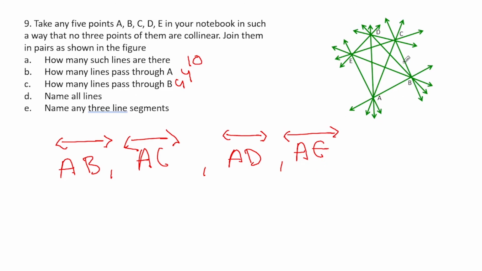Now let's move on to point B. Now we'll exclude line BA because we have already written AB, right? So we'll start out with BC. So line BC, line BD, line BE.